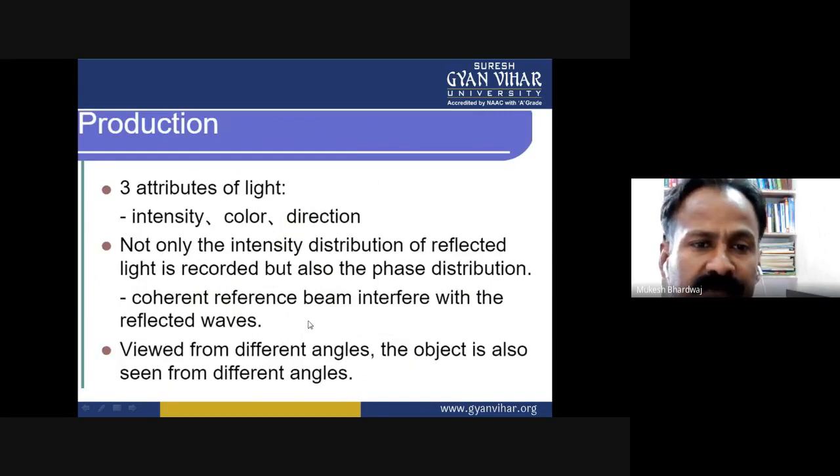Holography reproduces three attributes of light: intensity, color, direction. Not only the intensity distribution of reflected light is recorded, but also the phase distribution. The coherent reference beam interferes with the reflected waves. Viewed from different angles, the object is also seen from different angles.